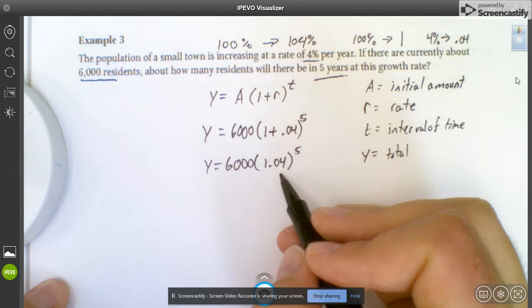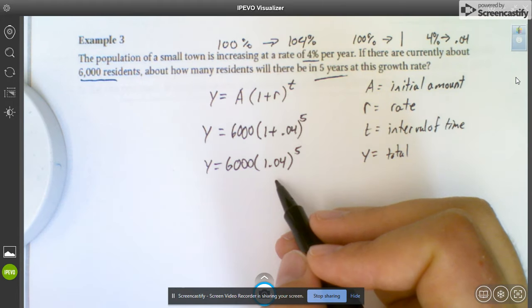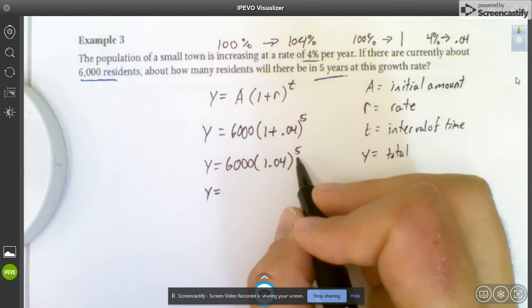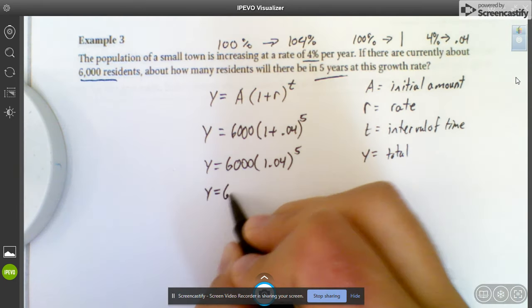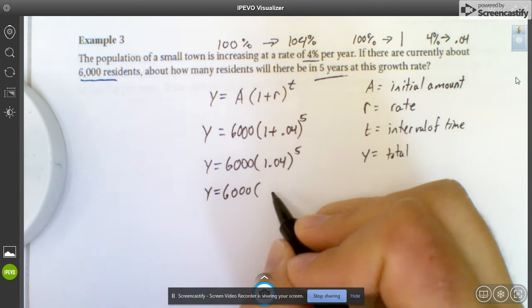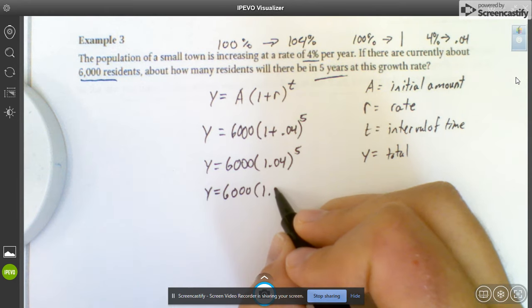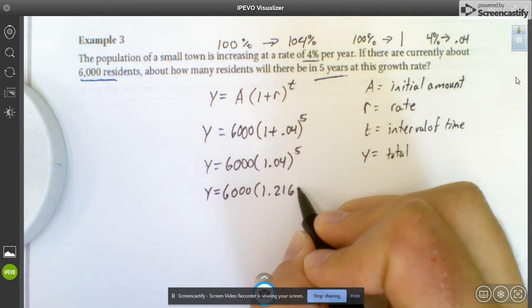So there we're going to do 1.04 to the 5th power, and you can do that anytime I give you something like this. You'll have access to a calculator for that. I don't expect you to be able to do that kind of stuff without it. And I'm going to leave it out to about 5 decimal places, just like they did in the notes, so that I can keep everything consistent.